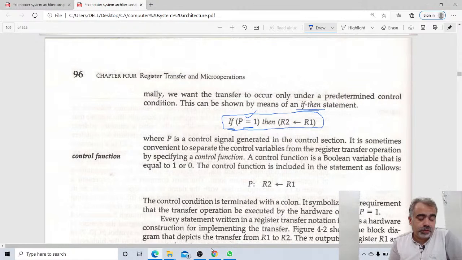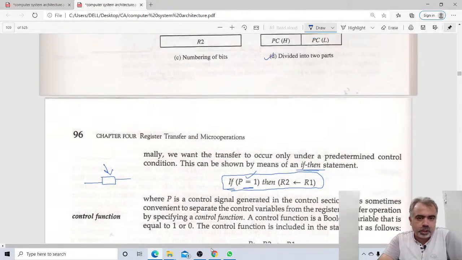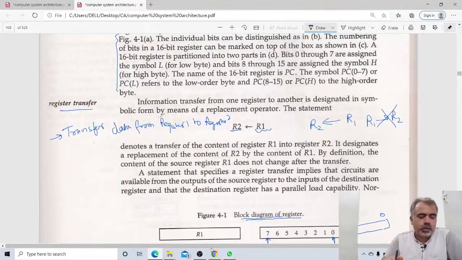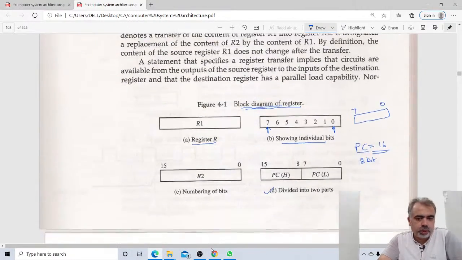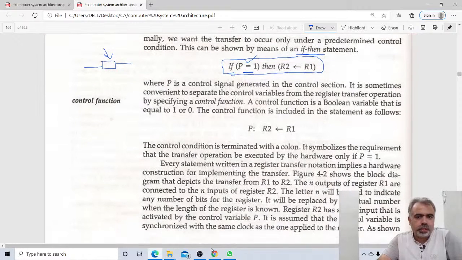But if you understand, this is a kind of switch. When you press that button, then only the data is transferred. Earlier, this statement means the data of R1 is copied into R2, but there is no control. If you want to put a control over here, then you have to write it like this: if P is equal to 1, then whatever the data of R1, it gets transferred into R2.